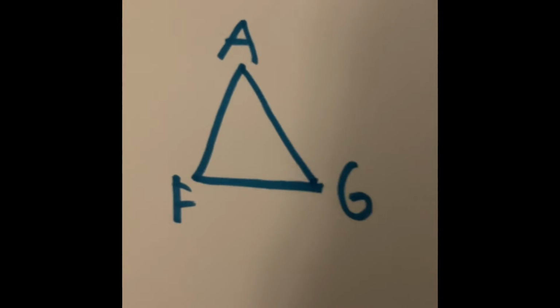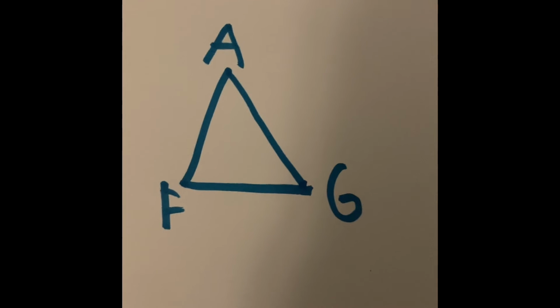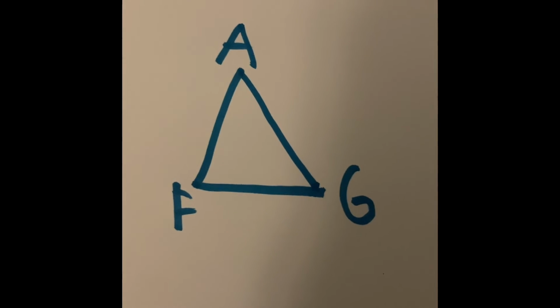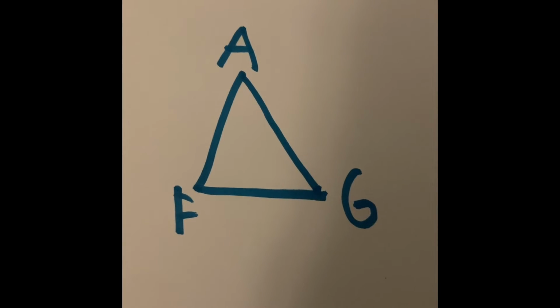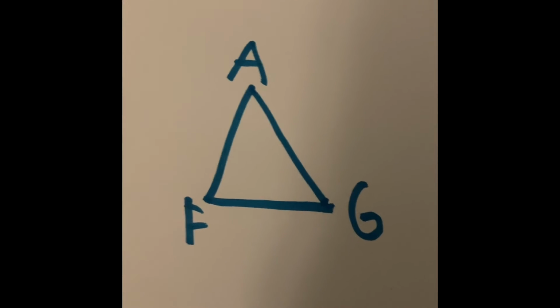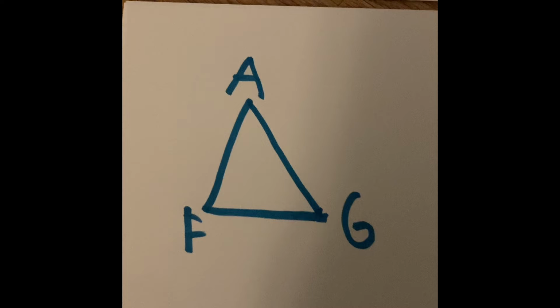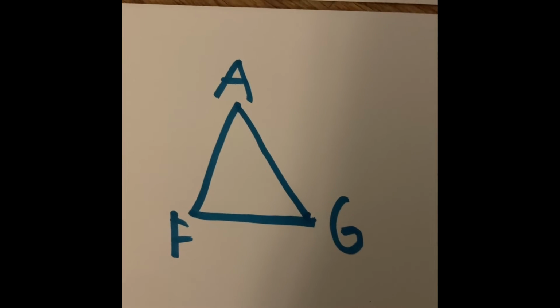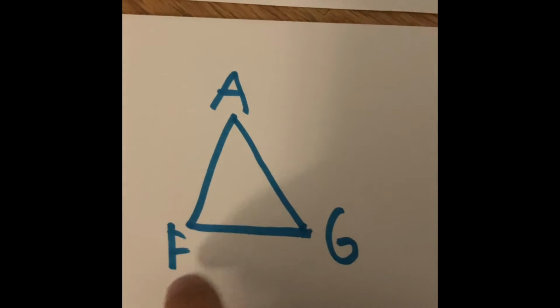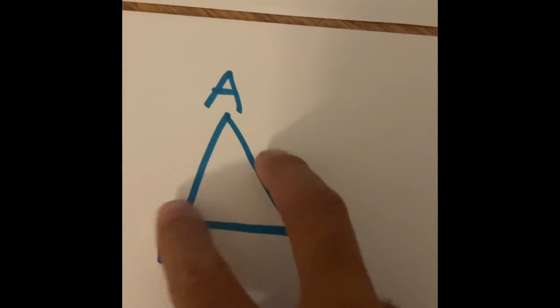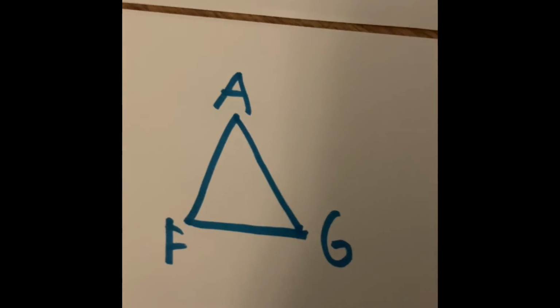So here is a triangle that has three sides. There's the letters A, G, and F on it. What we're going to do is make some statements. If two lines that meet together, like FA and GA, come together, we can call that a union.